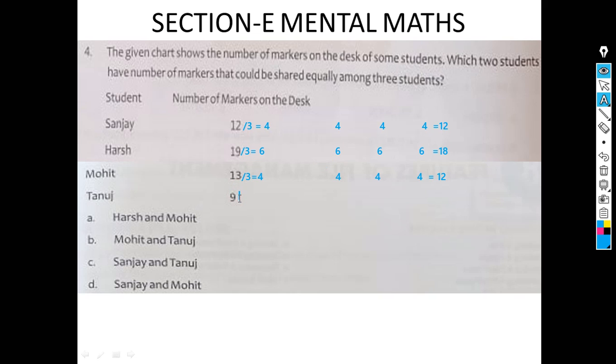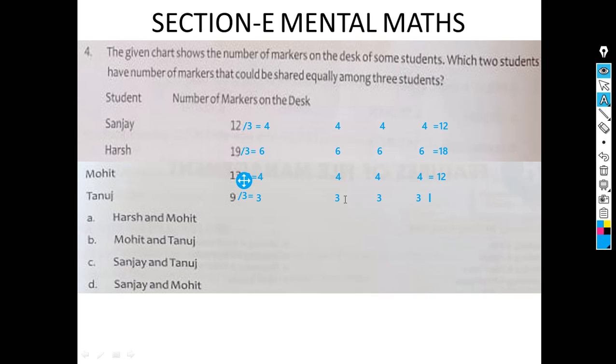Let us have a look at the last student, that is Tanuj. So Tanuj will also divide the 9 markers among 3. If we divide 9 by 3, we will get the answer 3. The first student will get 3 markers, then 3, and the last student will also get 3.